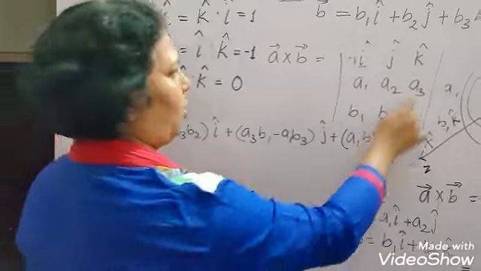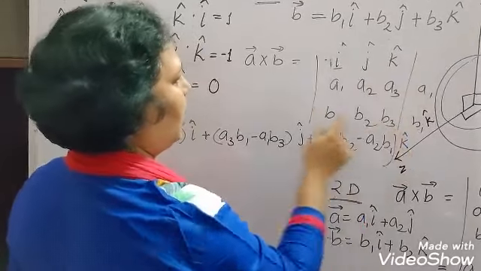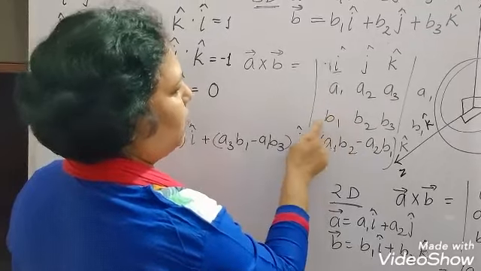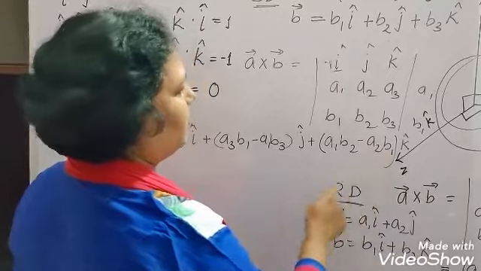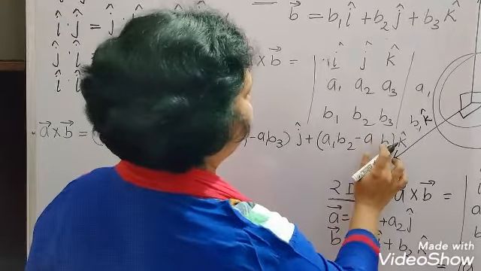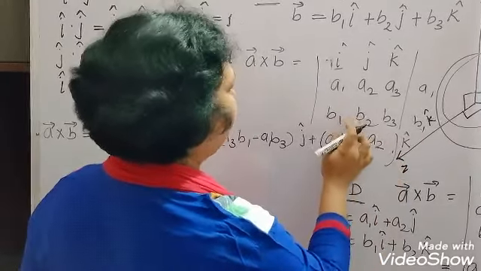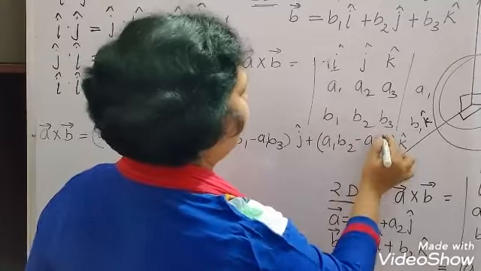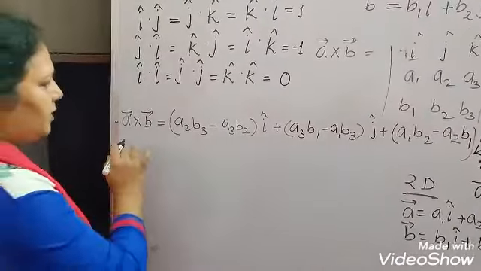For k cap we leave the k column, then a1 b2 minus a2 b1 here.